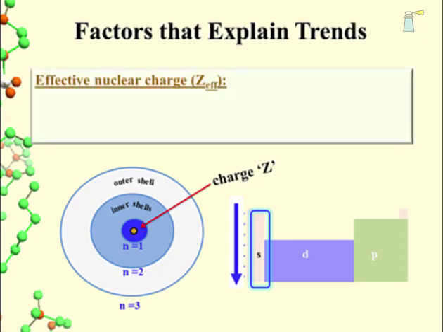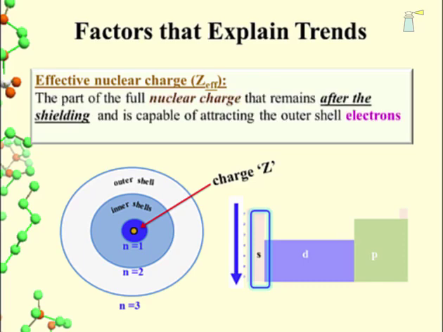What remains to attract the outer shell electrons is the effective nuclear charge, Z_eff. And that is defined as part of the full nuclear charge that remains after the shielding and is capable of attracting the outer shell electrons.